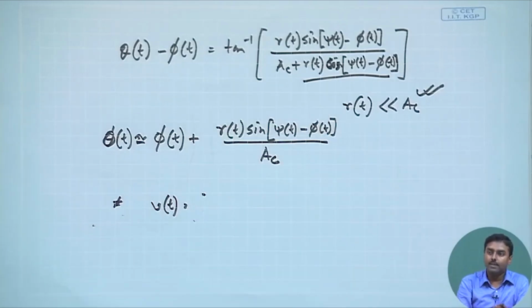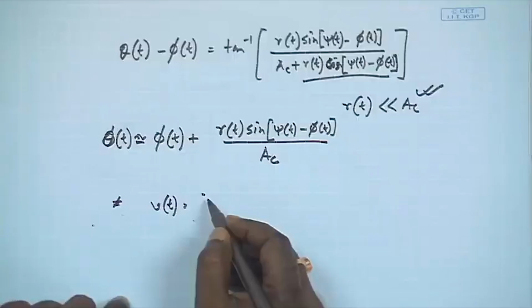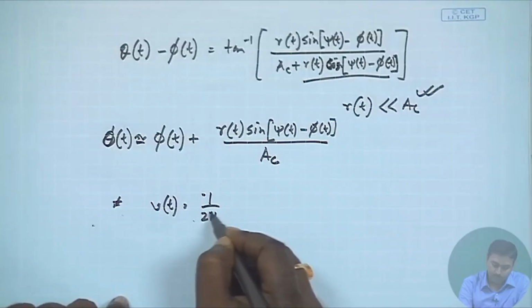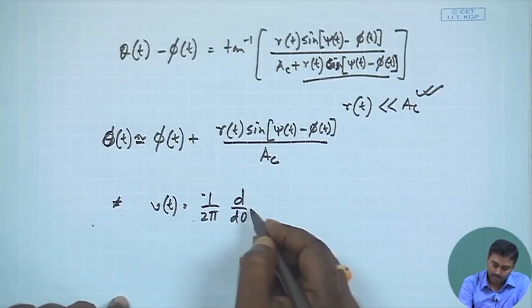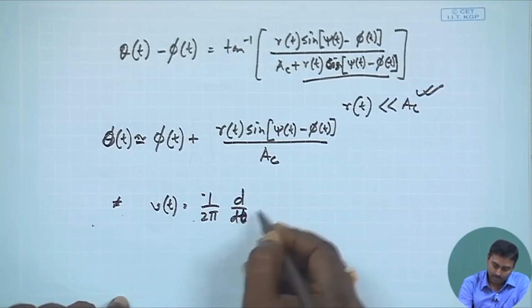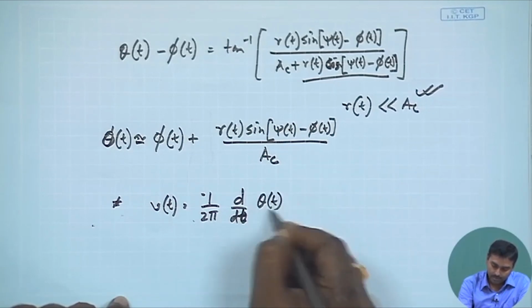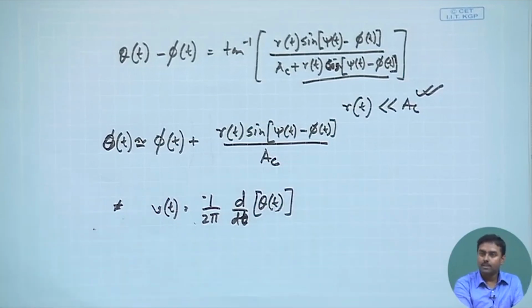But remember, the differentiation of the phase gives you the omega variance. So, if I need frequency variance, which we are doing for this calculation, there must be 1 by 2 pi. So, 1 by 2 pi d dt of this theta t must be what we expect after the FM demodulation.